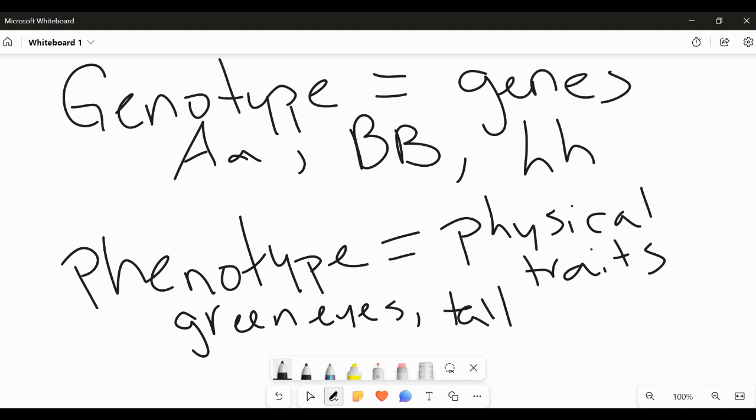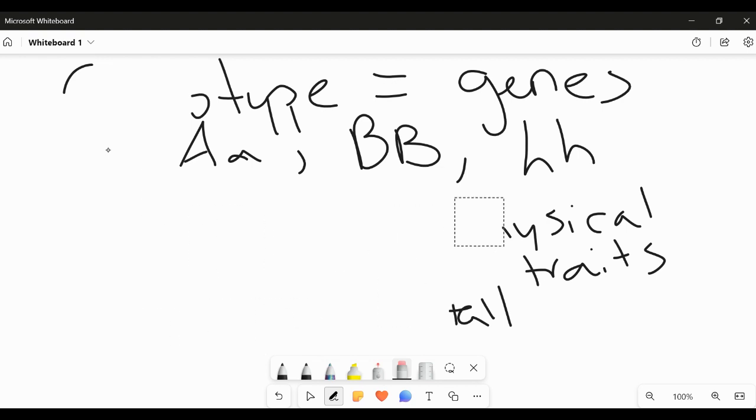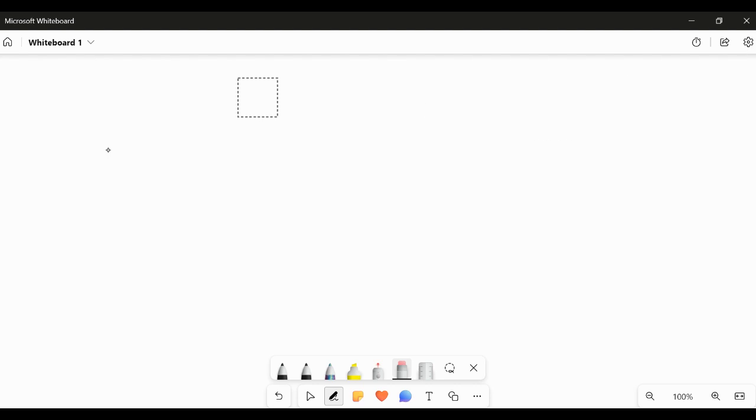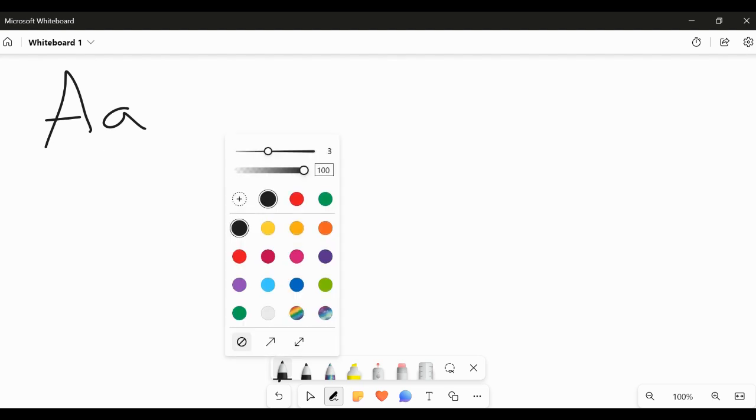And then the last little bit of vocabulary that I want to do is the different types, and I kind of already wrote them when I did the A's, the B's, and the h. When I did big A, little a, I have a dominant and I have a recessive allele.